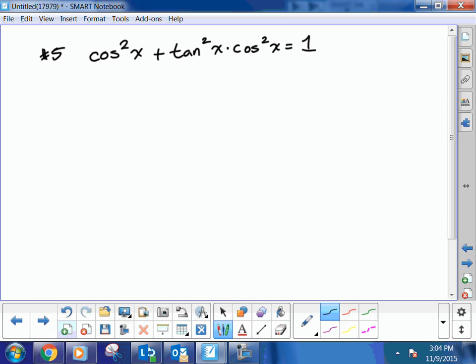And I do want to give you a tip when you work with these. If you see only sines and cosines on the left-hand side of the equation, or you only see cosines, then change everything just to those. Change everything to sines and cosines.